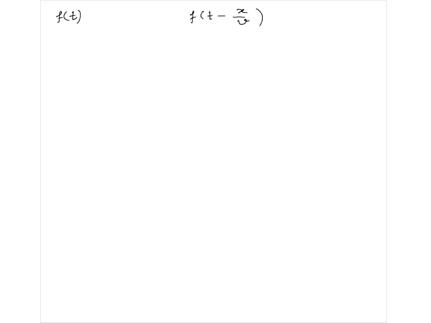F of t is some function of t, so it could be complicated, it could be simple. All those cases are possible, but it doesn't trouble us.